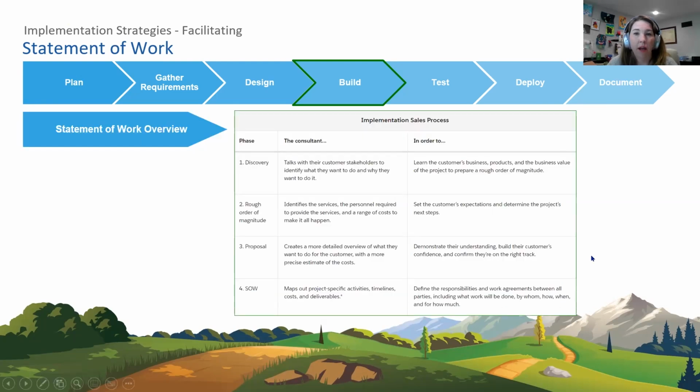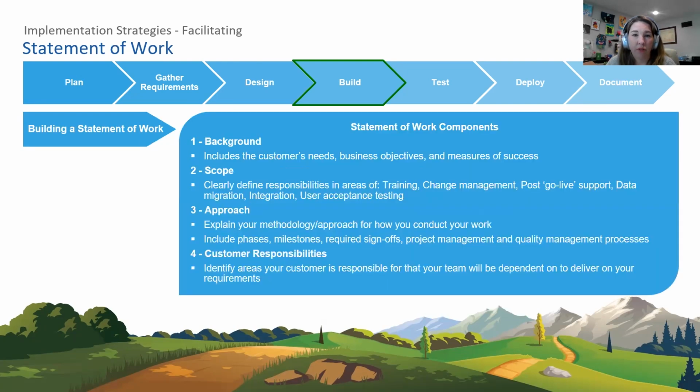And then it talks about an overview of it. Again, I just took this from the Trailhead. There are different phases: the discovery, the rough order of magnitude, the proposal, and then the actual SOW. So it goes through that in some more detail. The part that I thought was really interesting, though, is this, because it outlines them specifically.